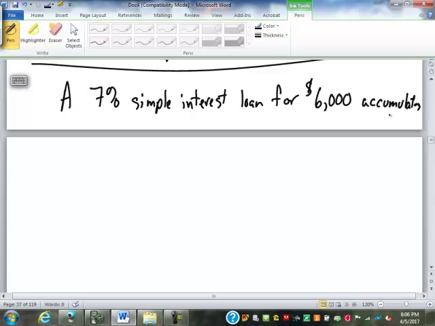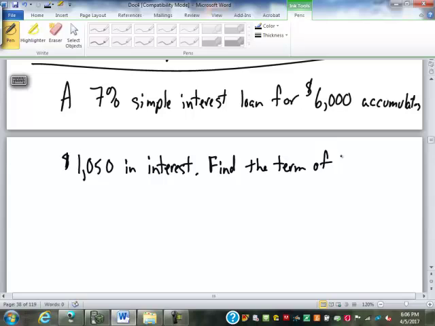Accumulates $1,050 in interest. Find the term of the loan. Finding the term is just saying find the amount of time that the loan was over, the time of the loan.